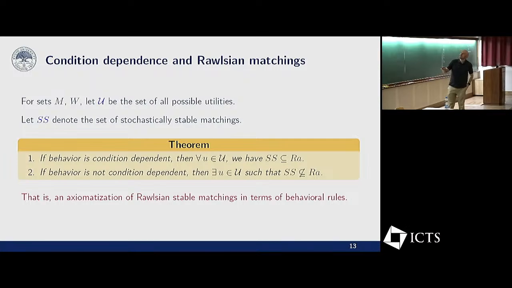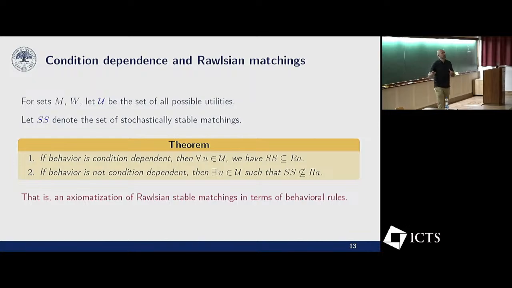This next one is, if behavior is not condition dependent, then there exist some payoffs that we could give the players such that the stochastically stable state is not Rawlsian stable. So for this particular result, the interesting thing for me was getting a reverse result, almost an if and only if.